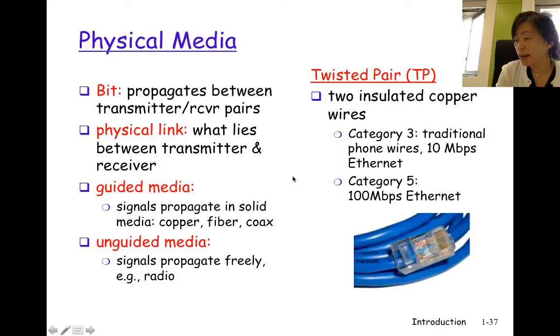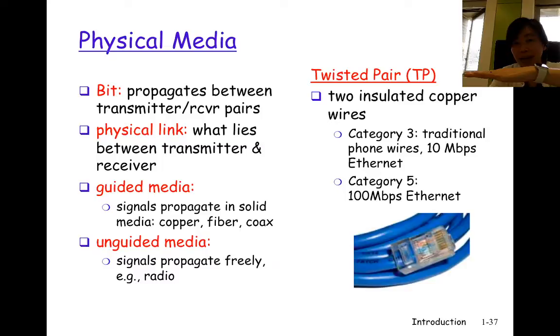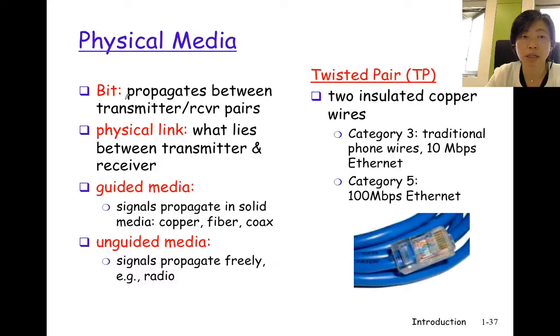So that was access networks. Next, physical media. So this is to talk a little bit about the lower layer. Access network is about the link layer, and physical media is further down at the physical layer, where we talk about the very basic unit of communication, the bits. A bit is not a byte.